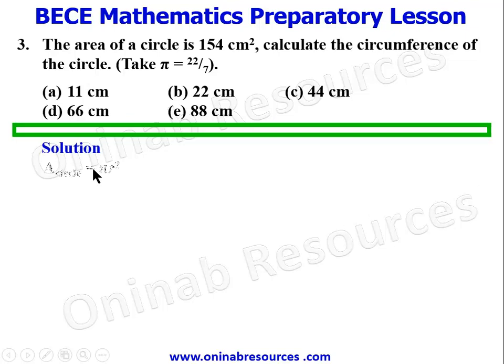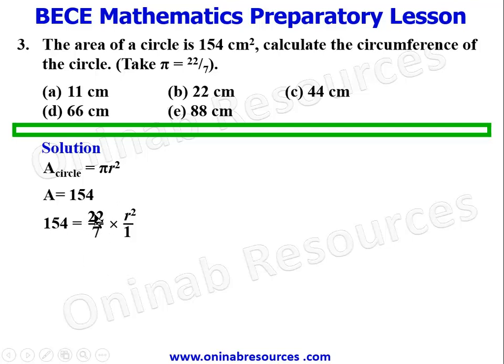So from the formula of the area of a circle, we know it is pi r squared, and we are given the area to be 154. So we substitute the area and pi into this formula, so that we now have 154 equal to 22 over 7 times r squared over 1.